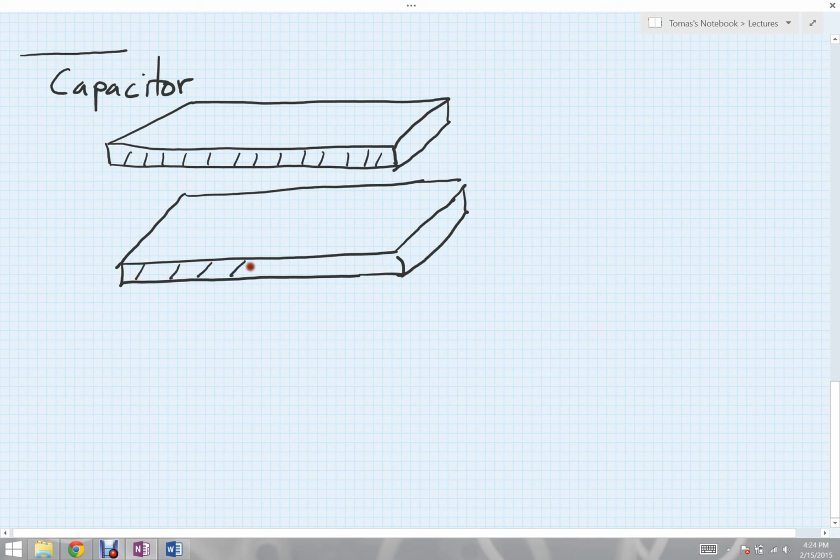It's also solid. And then, so that I can actually access this thing as some type of circuit element, I'm going to need leads that connect me to the outside world.